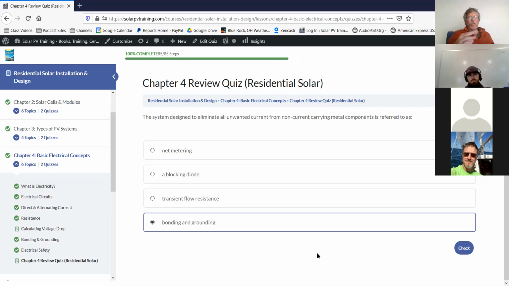So if there's a short circuit, if there's a ground fault, and the electricity is somehow getting into the grounding system, our systems are designed to recognize that, turn off the array, turn off the system, and give you a warning or a notification that for some reason current is flowing through the grounding system and it will not work unless you fix that situation.